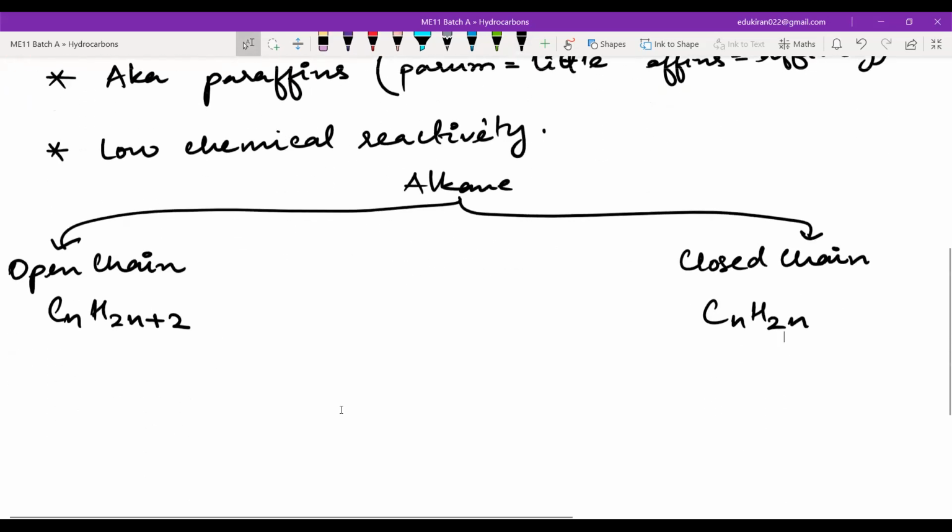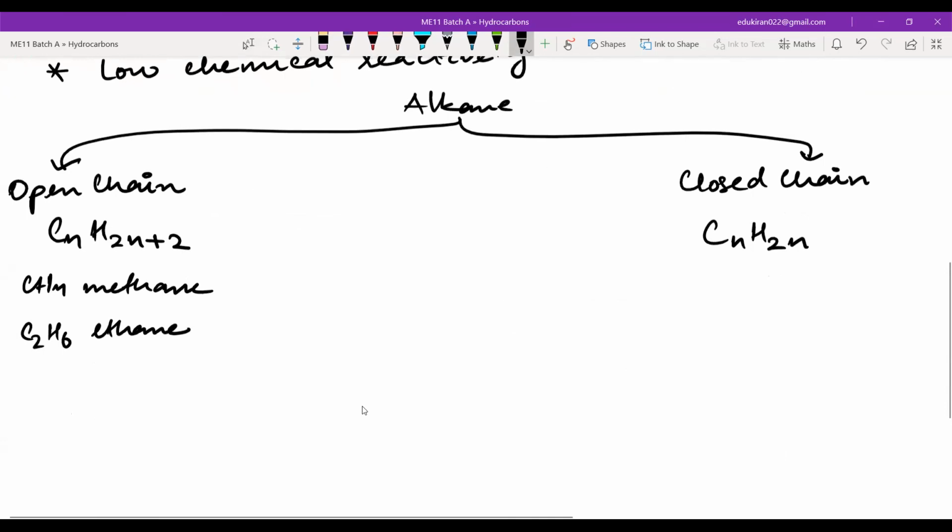Open chain examples are CH4, which is methane, and C2H6, ethane.